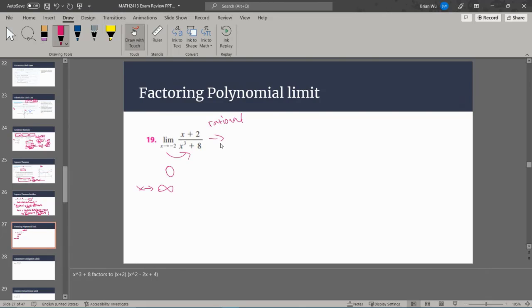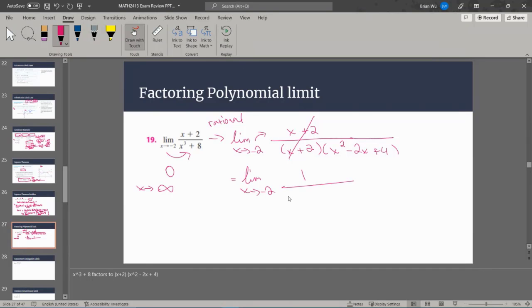We see that this is a little bit more complicated one, but we're able to factor the bottom into x plus 2 times x squared minus 2x plus 4. More than likely, you're probably going to factor a quadratic, so I wouldn't worry too much. In this case, we can cancel out this x plus 2, and now our bottom function will no longer equal 0, so we're free to plug in our -2 into x squared minus 2x plus 4.